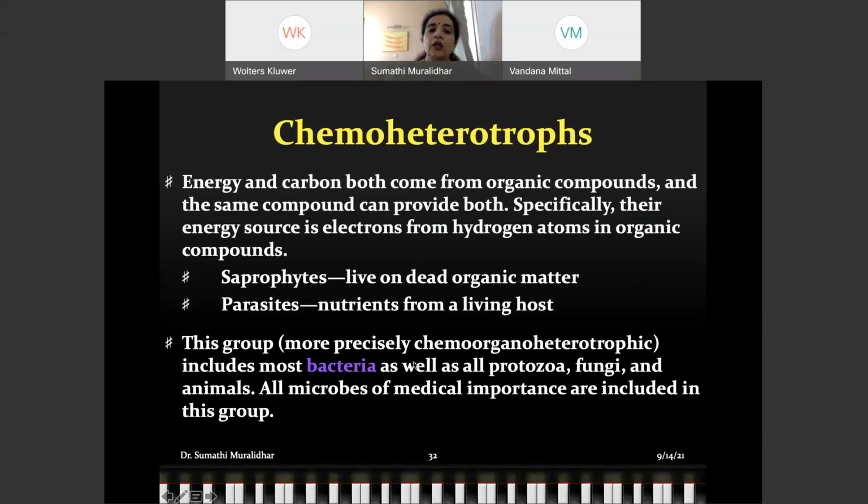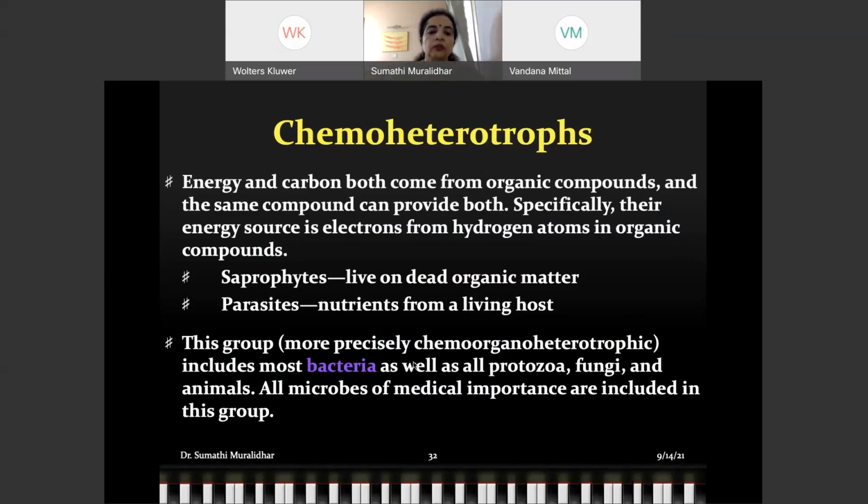So energy and carbon both come from organic compounds in the case of chemoheterotrophs, and the same compound can provide both. Specifically, the energy source is electrons from hydrogen atoms in organic compounds. And there are two categories of living beings here, those that live on dead and decaying matter called the saprophytes, and the parasites which require nutrients from a living host.